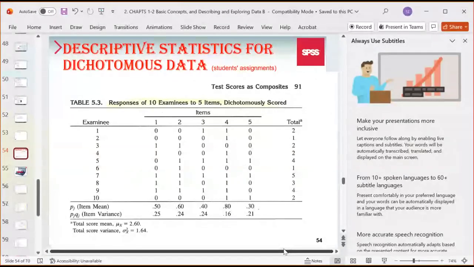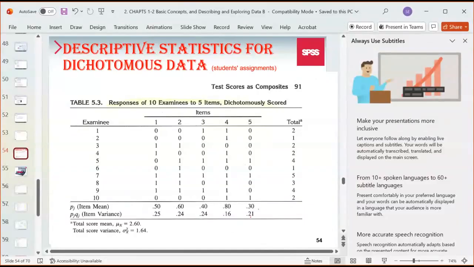That means you either get the point or you don't. So 0 means the first guy, examinee 1, didn't get question 1. Question 2, no. Question 3, yes. 4, yes. 5 didn't. So these are dichotomously scored.